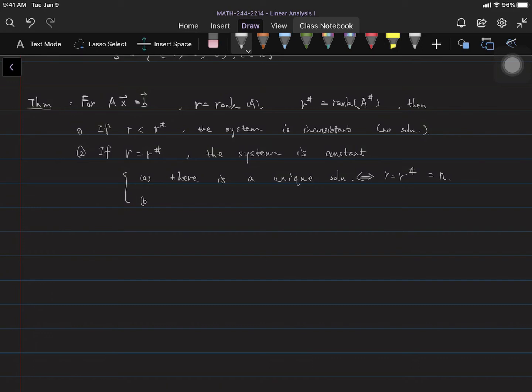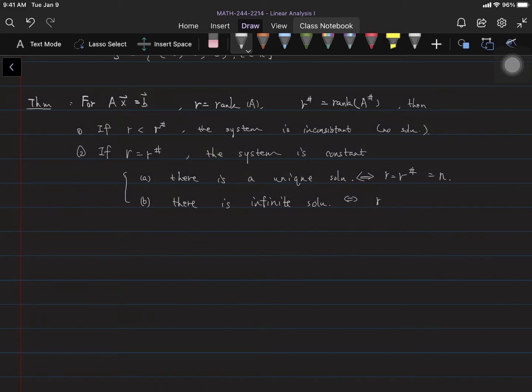B, there are infinite solutions, which means there is a free variable, if and only if there are zero rows usually.